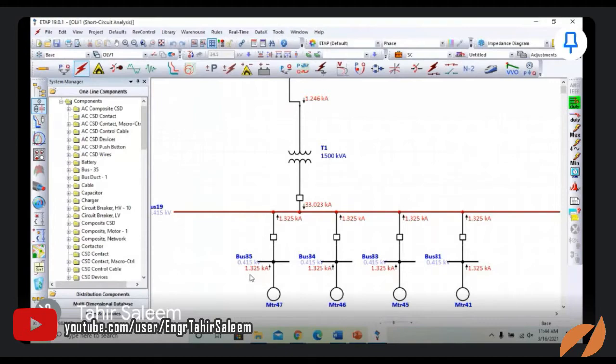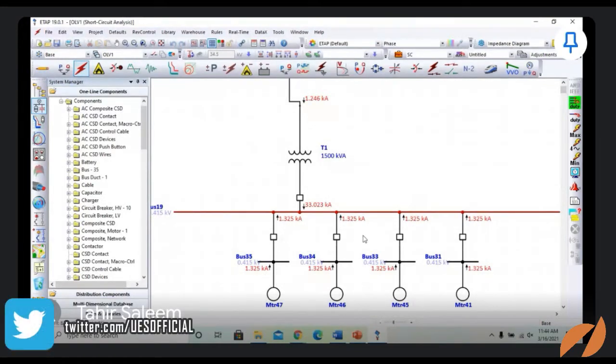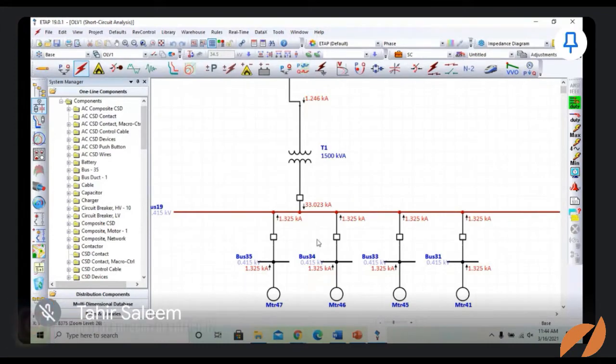So here we can see that 1.325 kiloampere of current is contributed by each motor. This branch has two-side contribution, one from the transformer side and the second from the motor side.